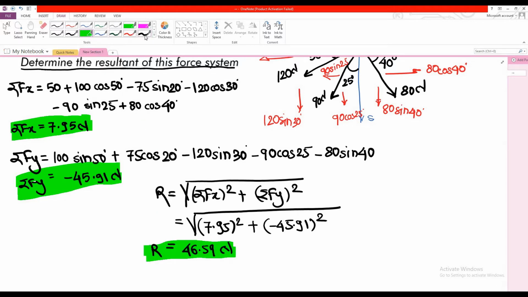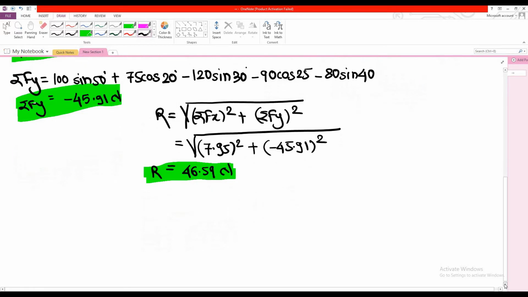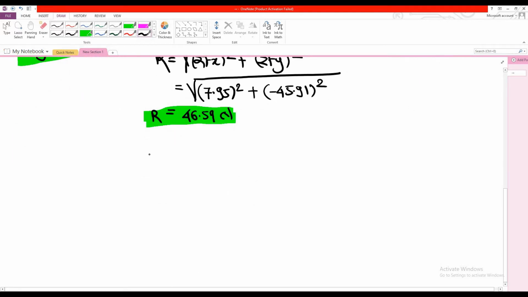Alright, this is the first characteristic of our resultant, which is magnitude. The second characteristic is the inclination that it is going to make with which axis? The X axis, that is the horizontal axis, and for that we have the formula theta is equal to tan inverse of summation Fy divided by summation Fx.